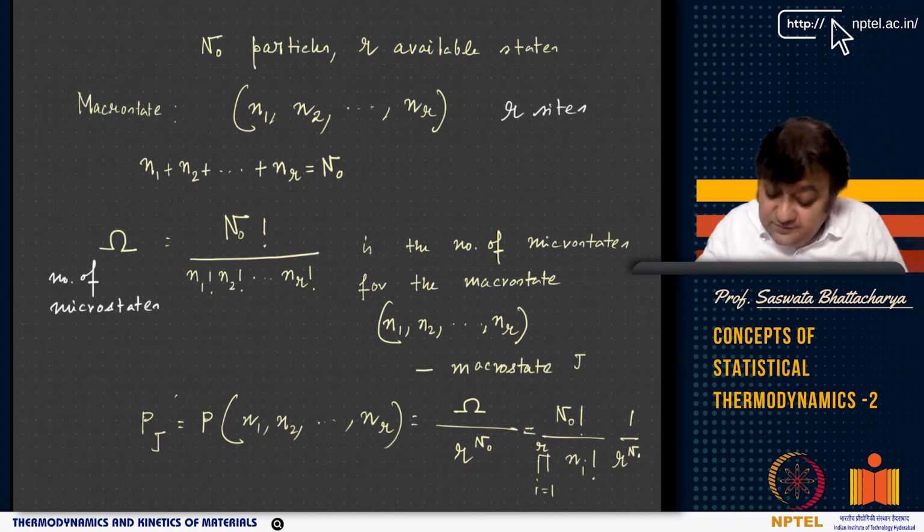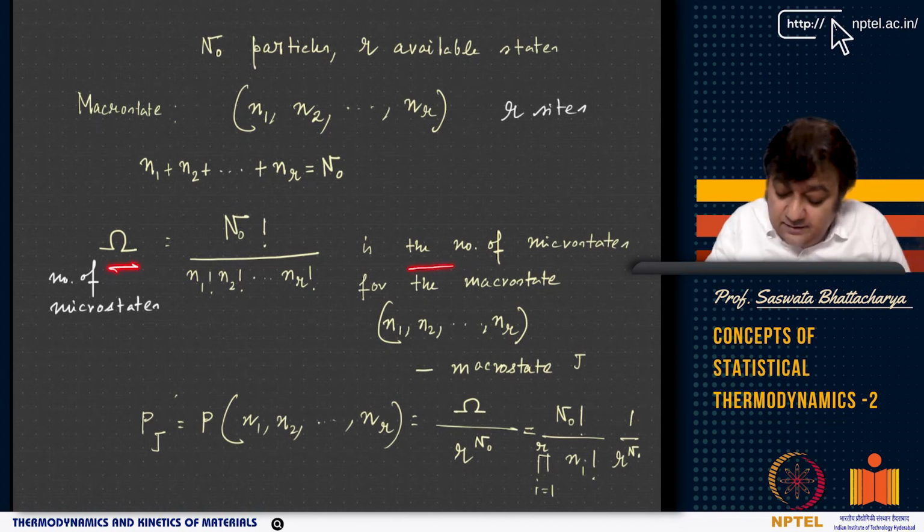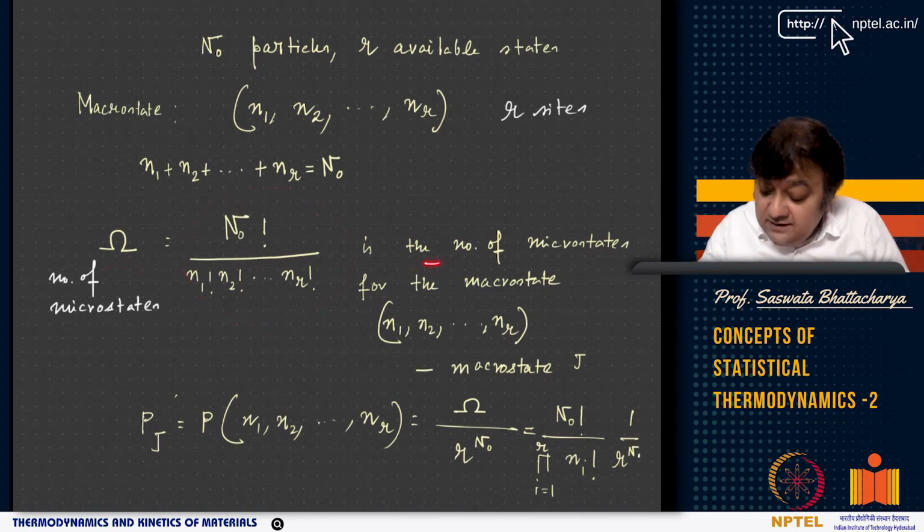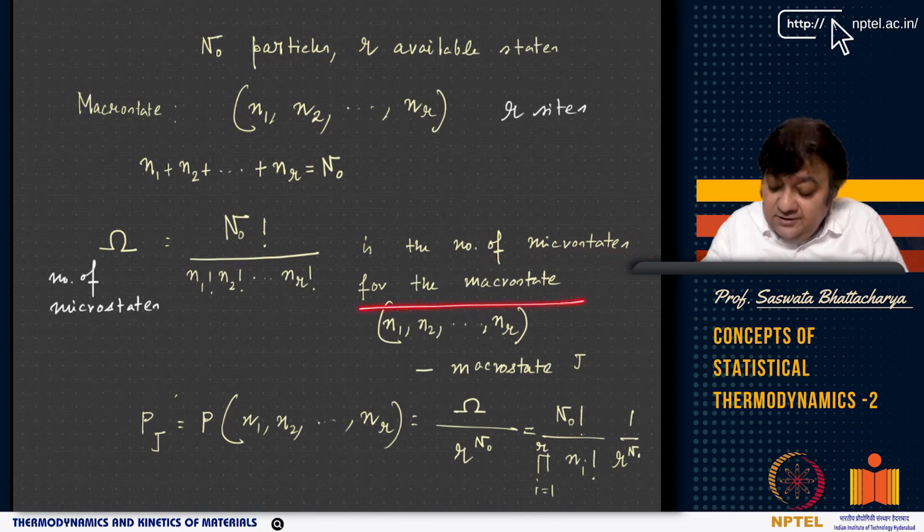So omega, which is given by this, is the number of microstates corresponding to this macrostate.